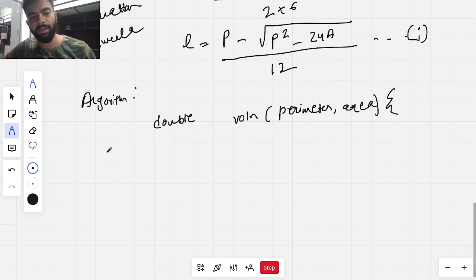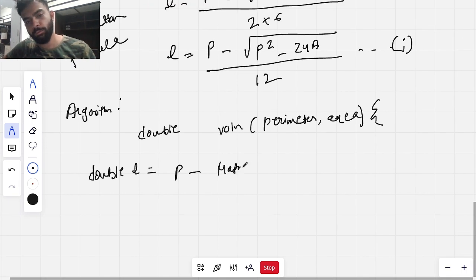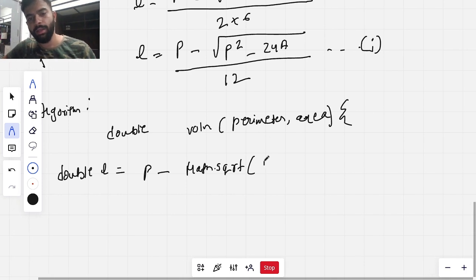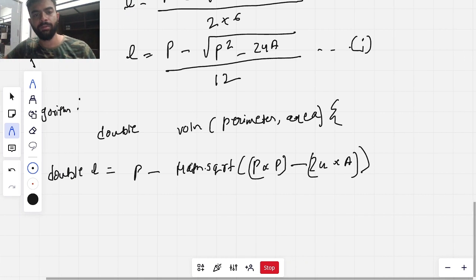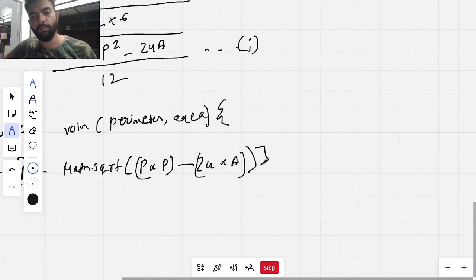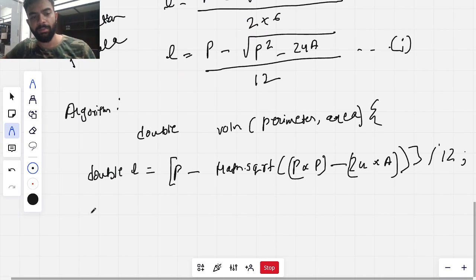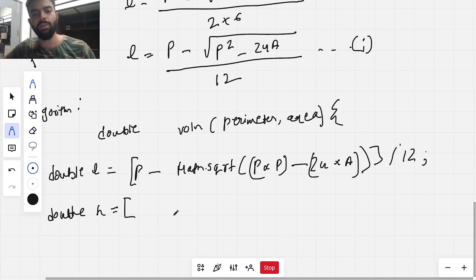I'm going to declare a double L. So double L equals P minus Math.sqrt of P into P minus 24 into A, this entire thing divided by 12.